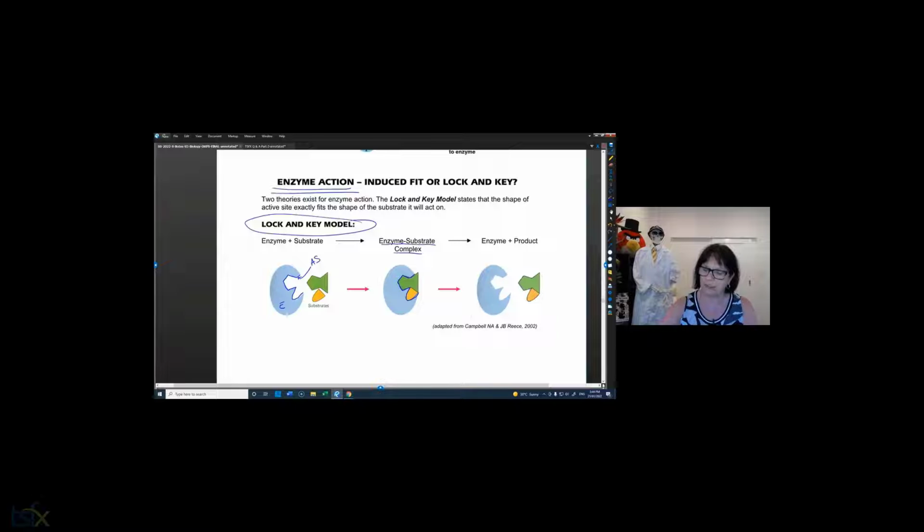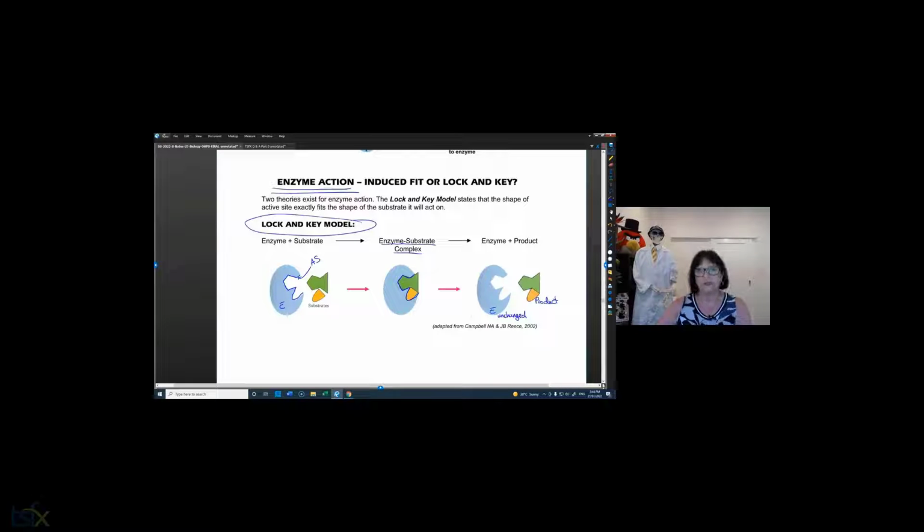So here's the product at the end, which is not the same as the original substrates. It's a different, complete thing. But notice the enzyme is unchanged. It can go back and do the reaction again to another set of substrates, and on and on.